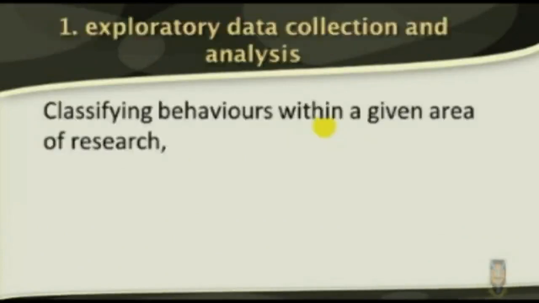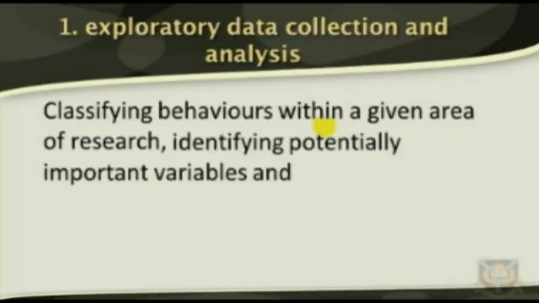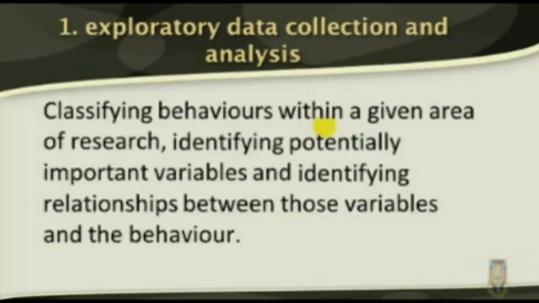Functions of a research design. Scientific studies tend to focus on one or the other of two major activities. The first activity consists of exploratory data collection and analysis, which is aimed at classifying behaviors within a given area of research, identifying potentially important variables, and identifying relationships between those variables and the behavior. Such exploration is typical of early stages of research in an area.